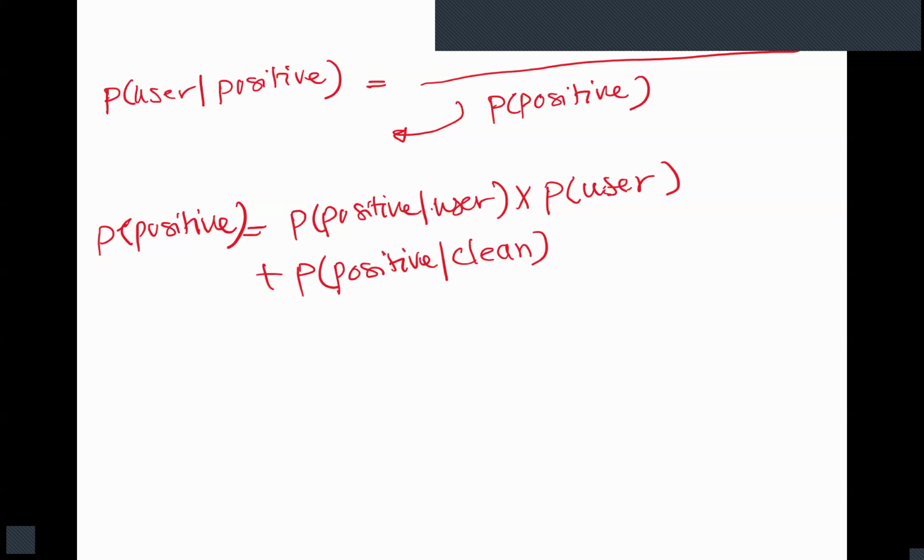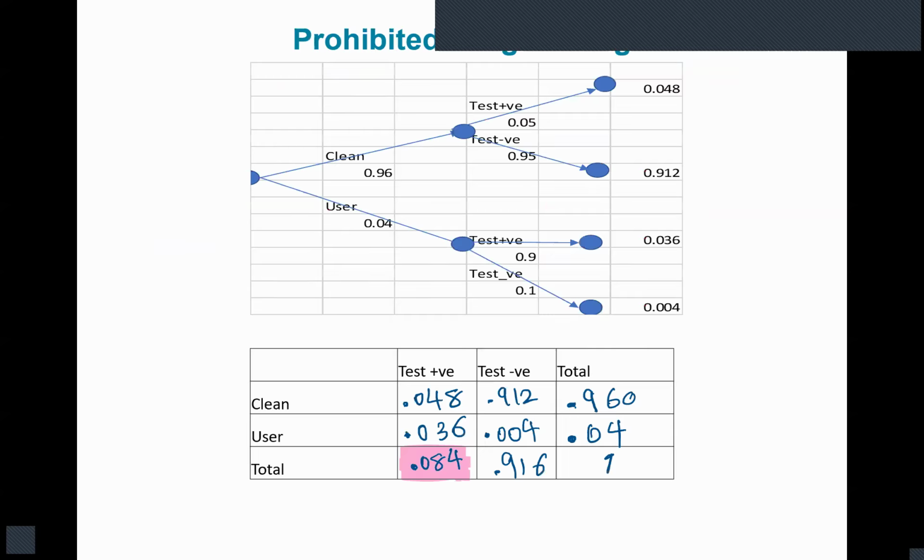I'm not doing something fancy. I'm just going through my tree and adding up two of the branches, the first branch and also my second branch. That gives me the probability of positive.